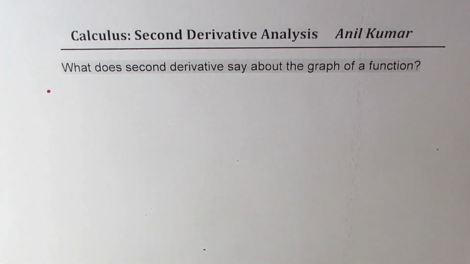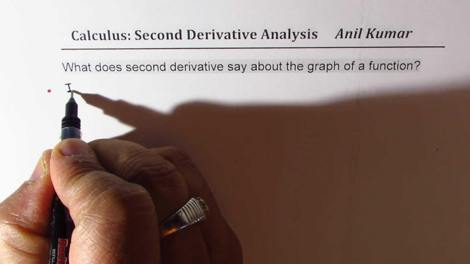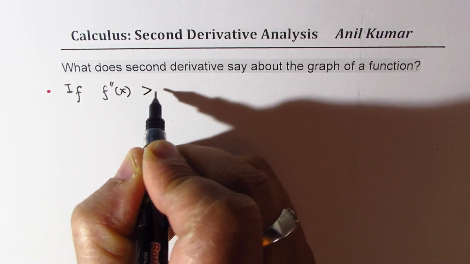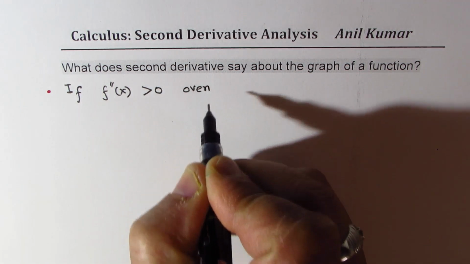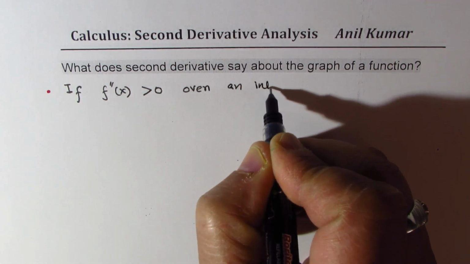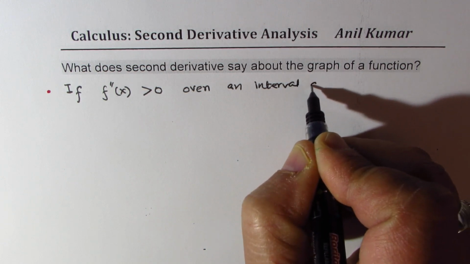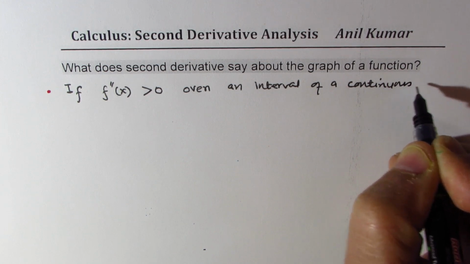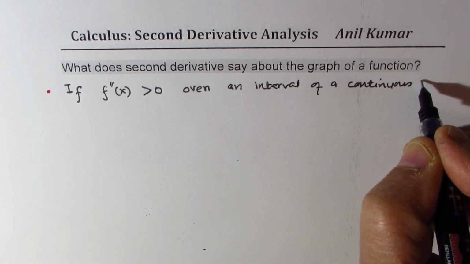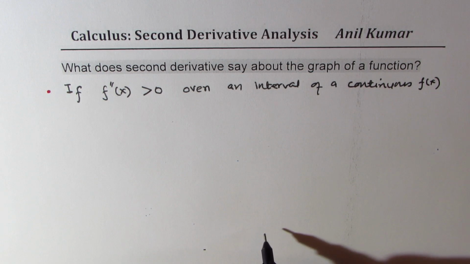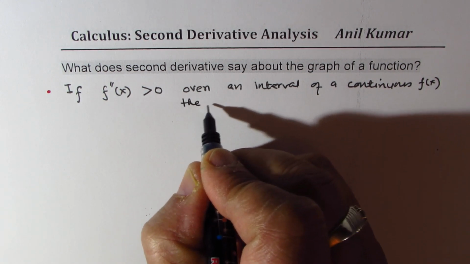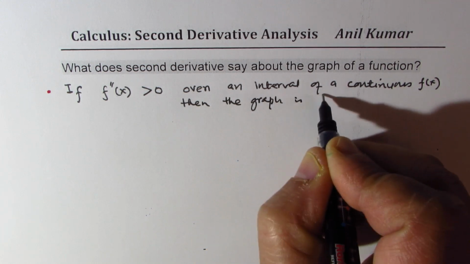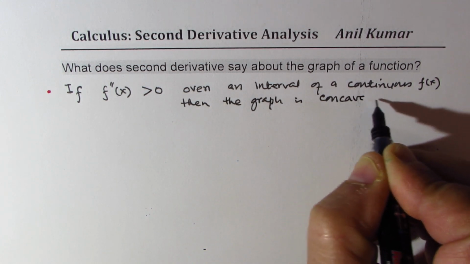We learn definitely one thing, and that is if the second derivative is greater than 0 over an interval of a continuous function, then the graph is concave up.